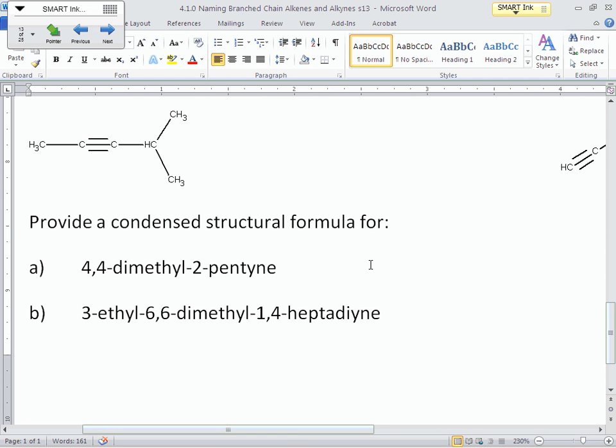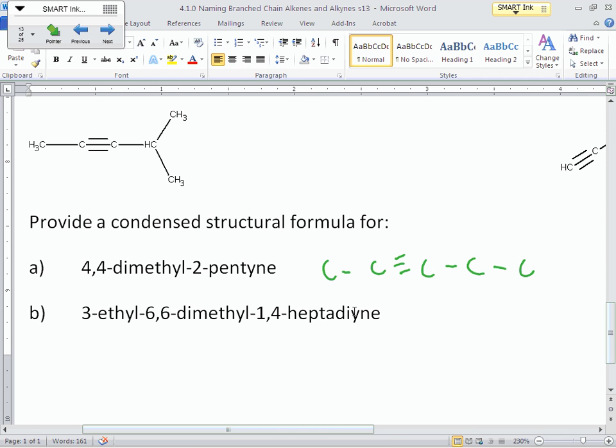Again, drawing is easy. Draw your C's, put your double, triple bonds, put your branches, fill with H's. So penta, 1, 2, 3, 4, 5. It's a 2-ine, so there's my triple bond.